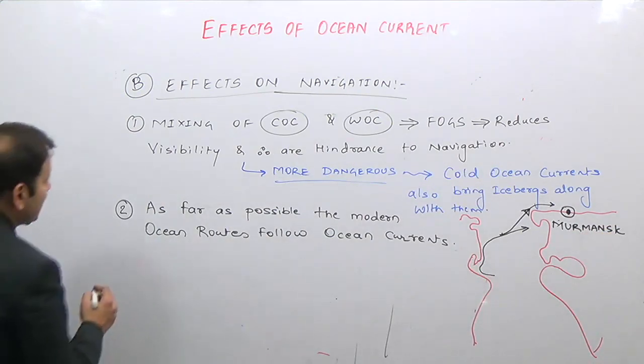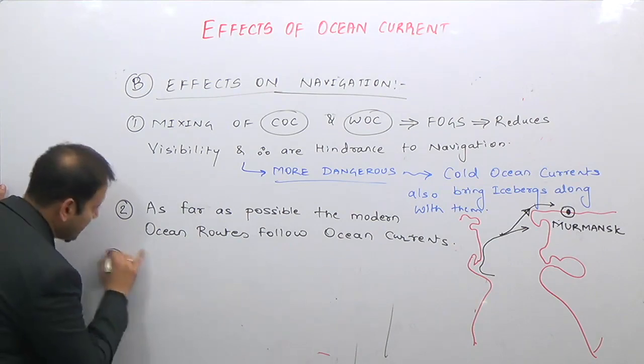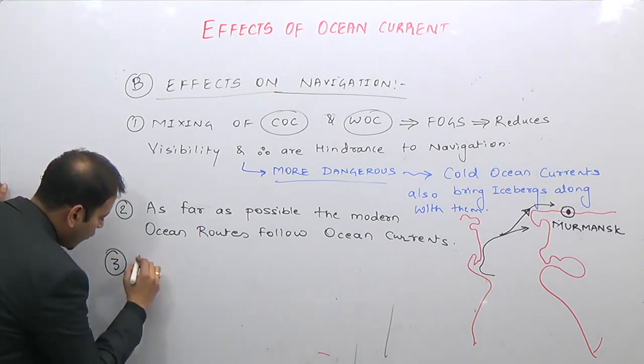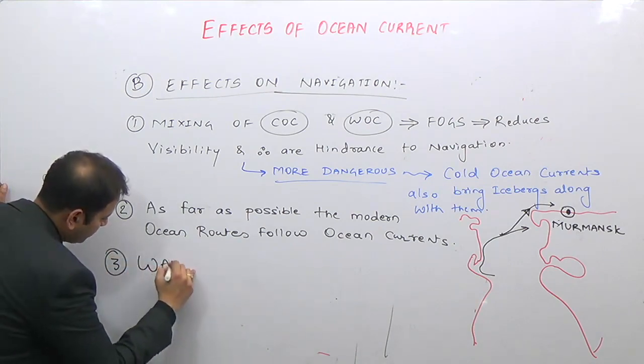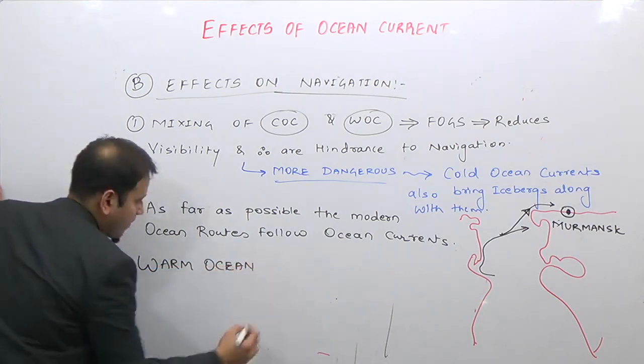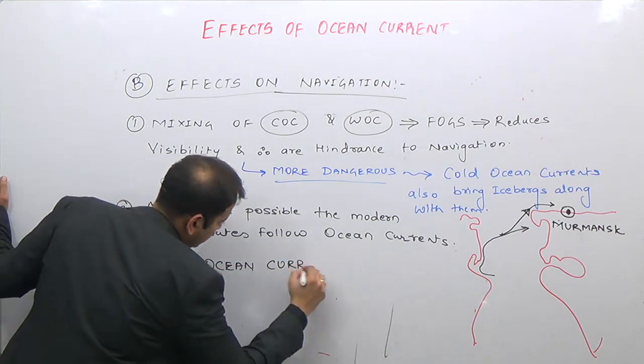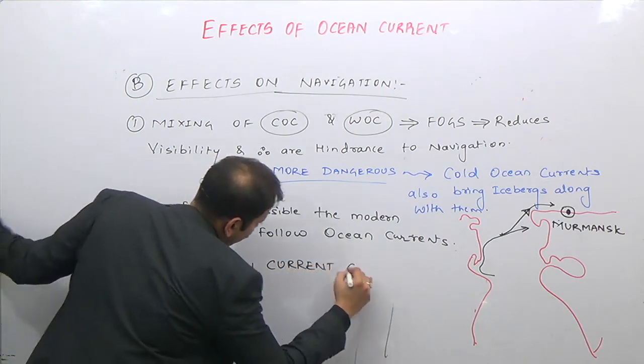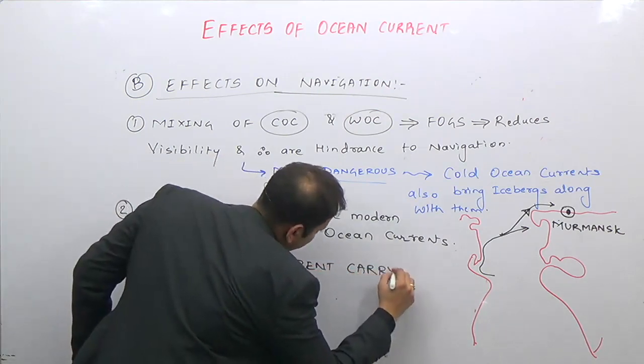So remember, the third effect on the navigation is that warm ocean currents carry warm water to the higher latitudes.